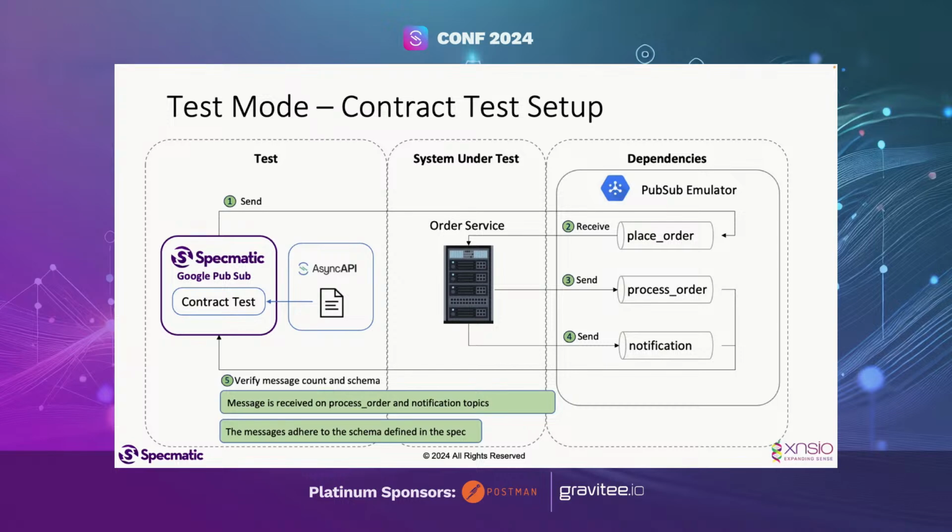Now that seems wonderful, right? Because all I'm claiming here is all you need is an AsyncAPI specification, and you don't even need to write the test; it will be taken care of. And the beauty of it is, as the API evolves, the AsyncAPI spec will be updated, and thereby the tests automatically get updated themselves, because it's all dynamically generated tests.